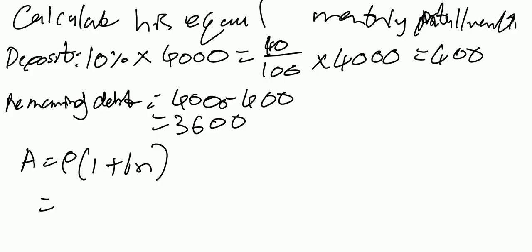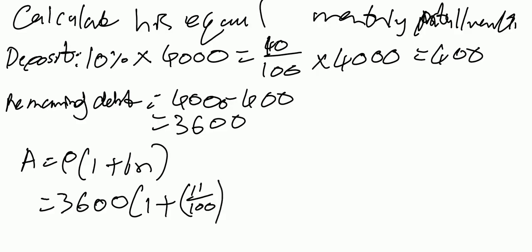So how much does James have? James owes 3,600. This is the money that James owes. 1 plus, what is the interest? It's 11 over 100, since it's 11% per annum, for a period of what? 18 months is 18 divided by 12, which is 1.5.